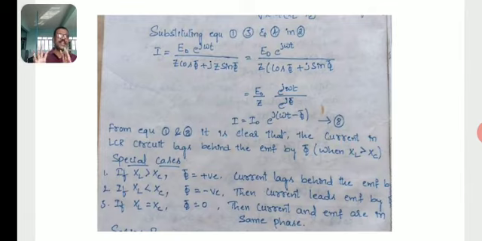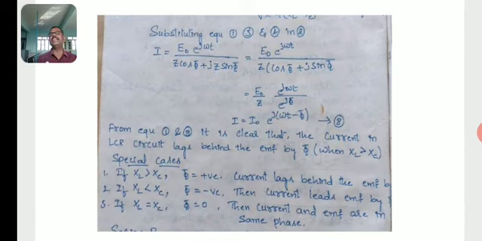So the relation between current and EMF in the LCR series circuit is, from equation 1, E equal to E naught e to the power of j omega t, and from equation 8, I equal to I naught e to the power of j (omega t minus phi). This is only when XL is greater than XC.